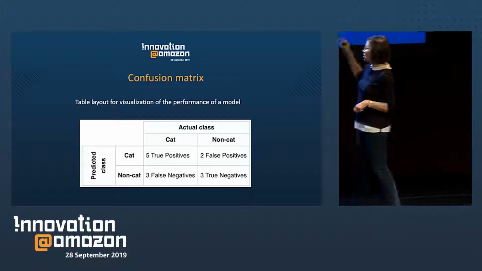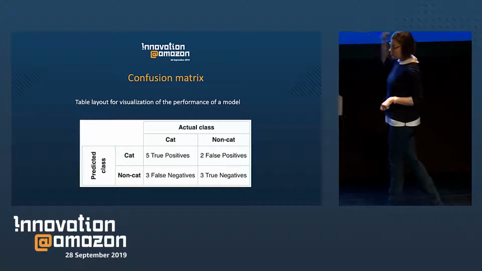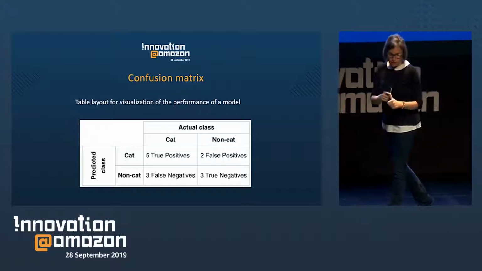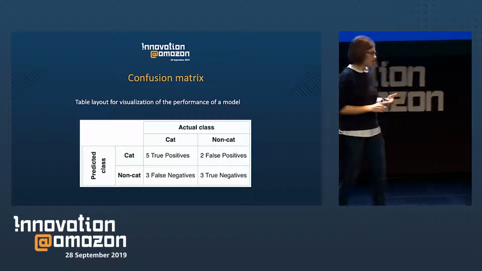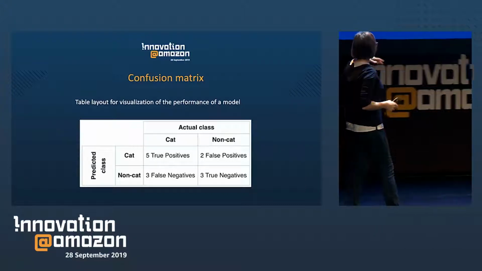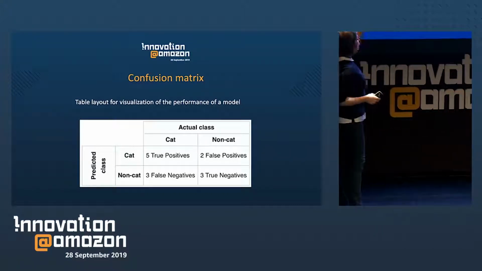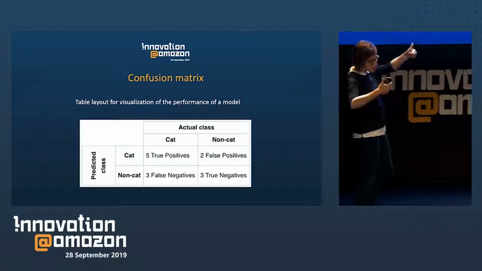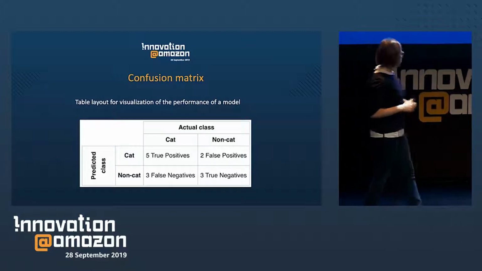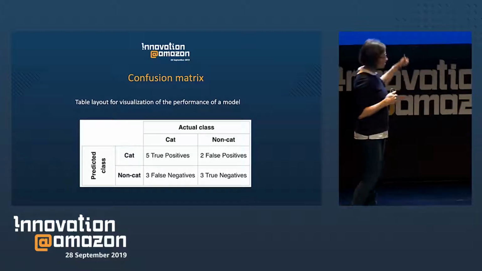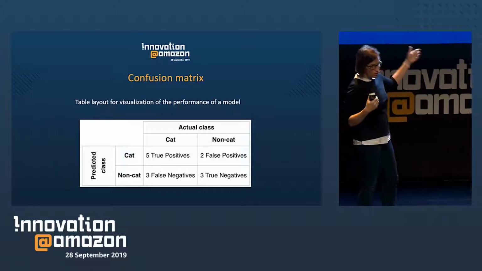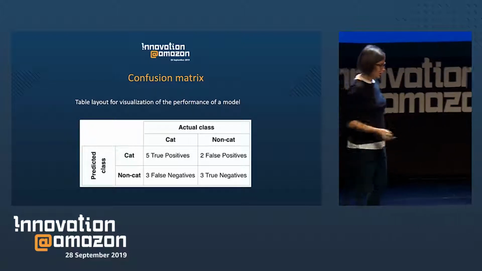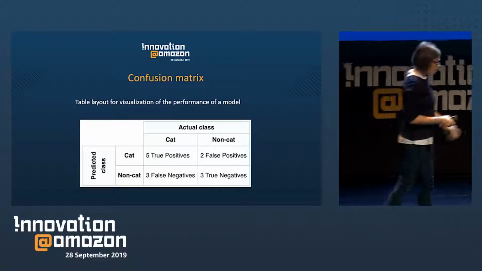For every prediction that I've made, I'm checking whether it was a correct prediction or not. So you have a table showing you, if you have the actual class as a cat and your prediction is a cat, then it's great, because your algorithm did well. If its prediction is non-cat, then you count how many predictions are okay, how many predictions are not okay. And for every combination of that.